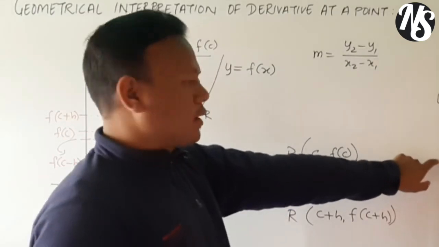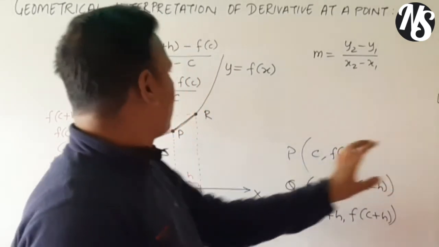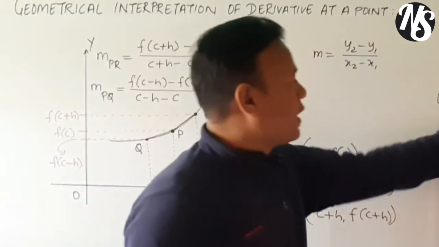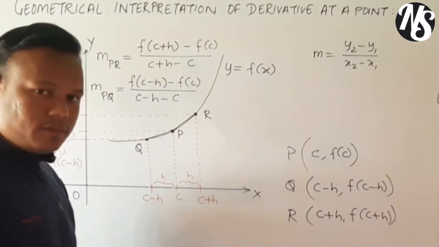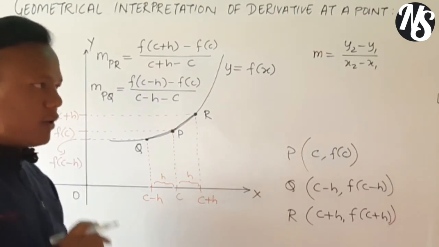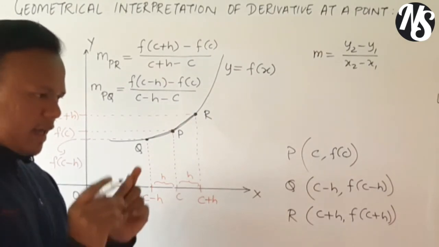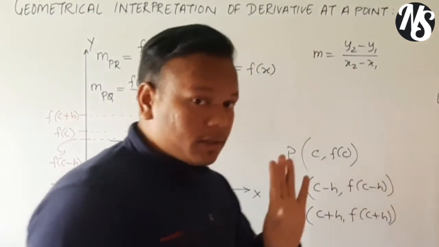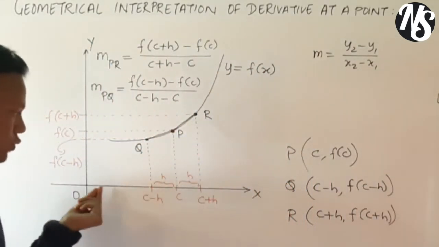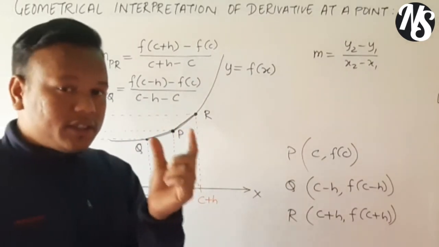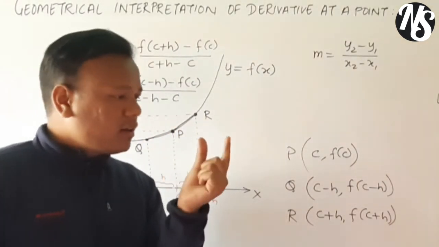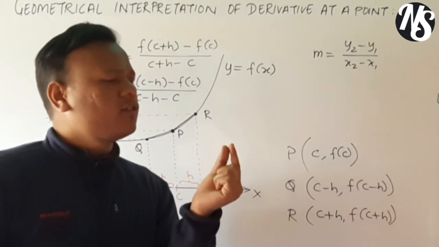Now if you pay attention here, this looks like the right hand derivative, and this looks like the left hand derivative. You know that as h goes very close to 0, it doesn't mean that this h is going towards 0. h is a distance, or I should say a width, and that width is becoming very small.